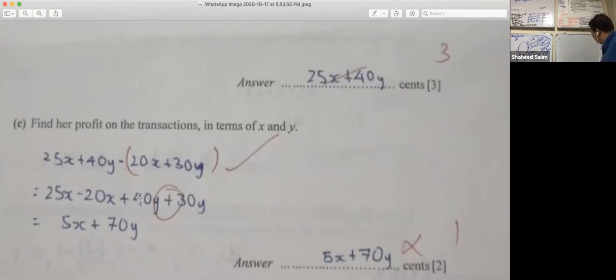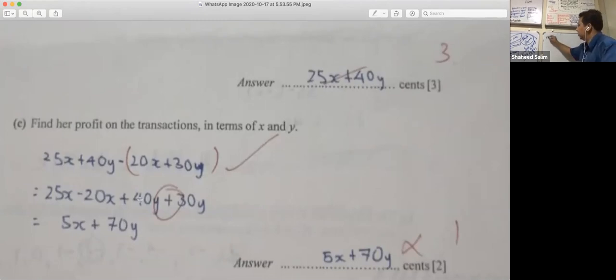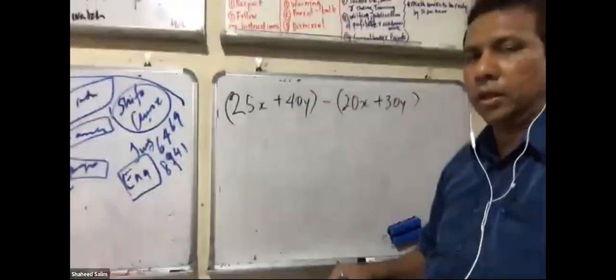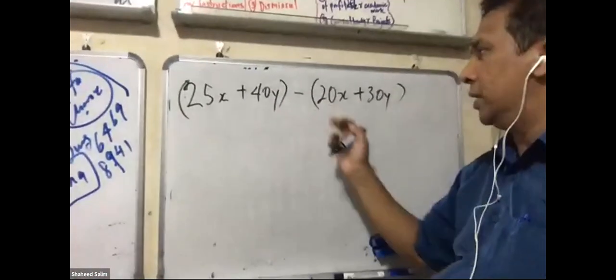Okay, I'll write down here. Now, this is what she collected at the end. This is the cost. So down here, you must put it in a bracket like that first, Edmund.